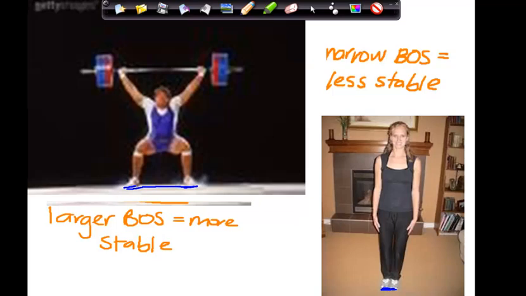So the upright body is less stable when the feet are parallel and close together because the base of support is narrow. If you widen your base of support, you're seen as more stable, or your stability increases. Alrighty, let's move on.